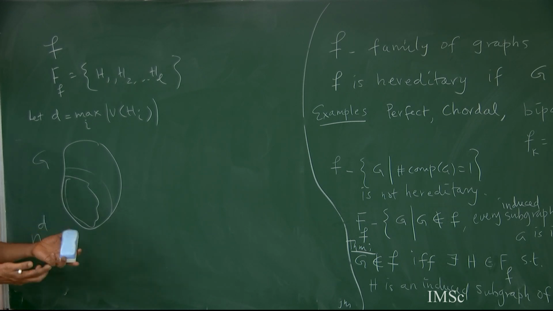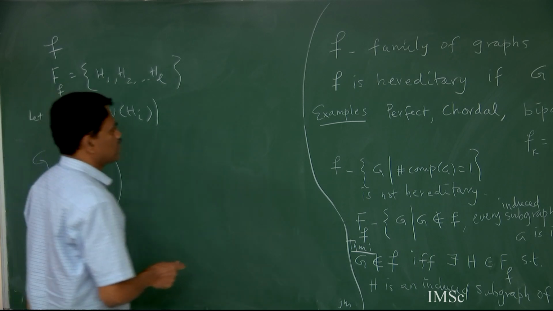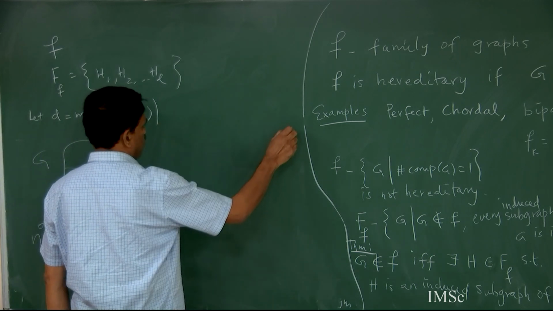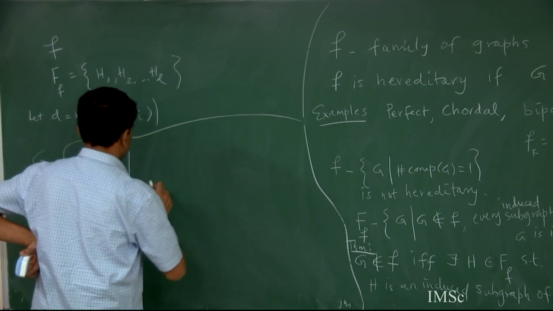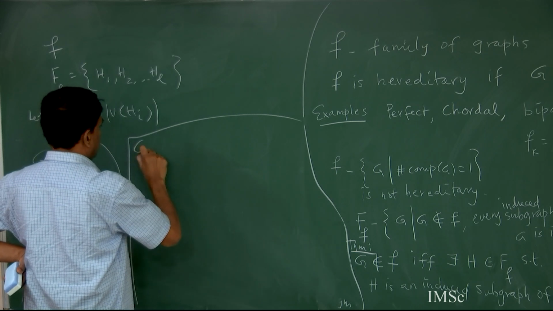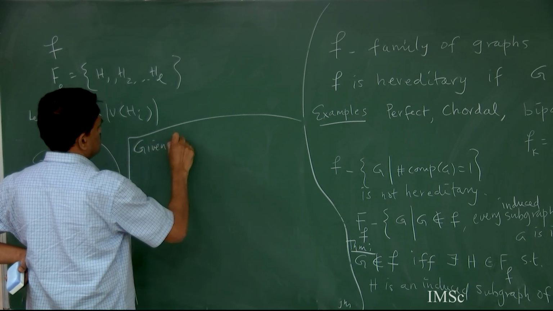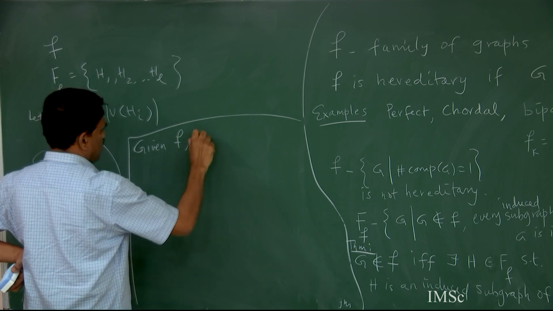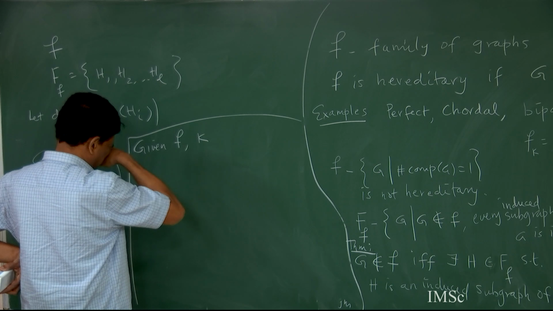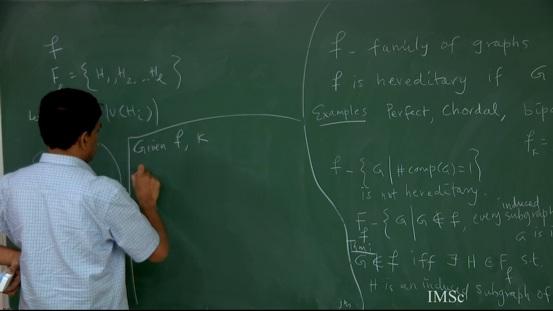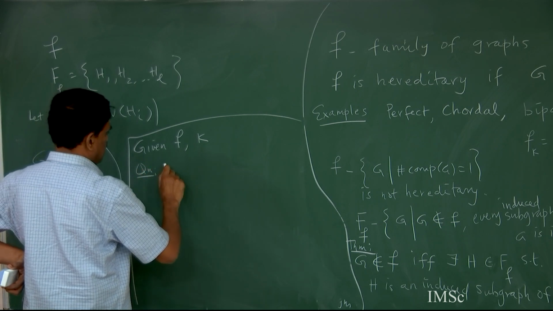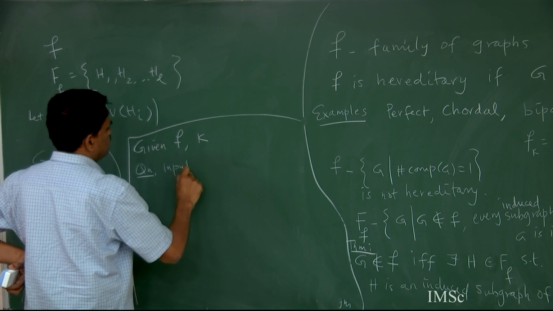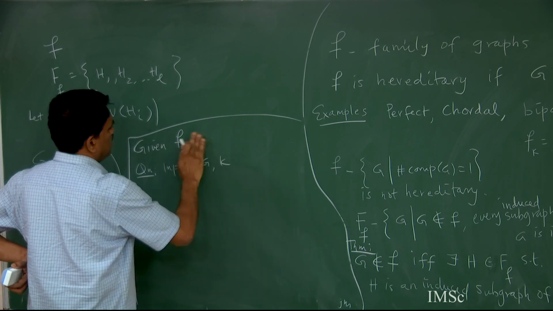Now, let us come to the parameterized complexity question. So now what do I want to know? Given again some family F and parameter k, what is the question I would be interested in? Input is G and k, let us say.